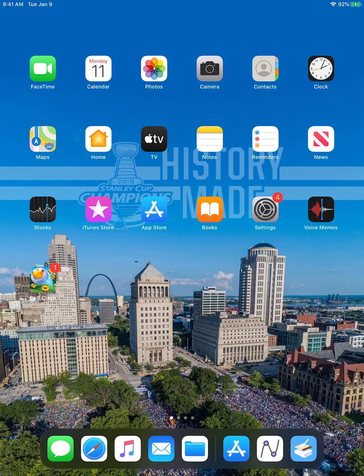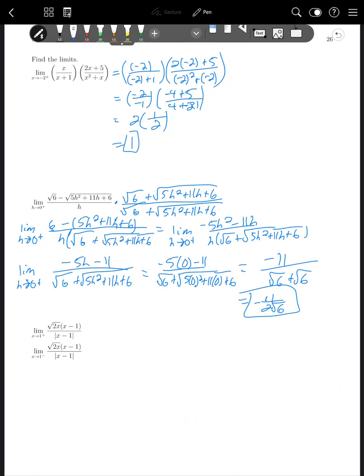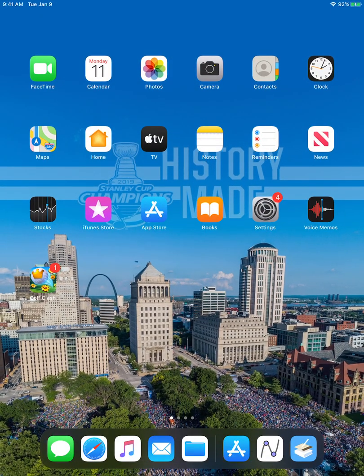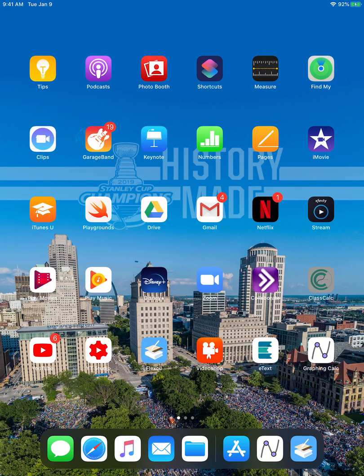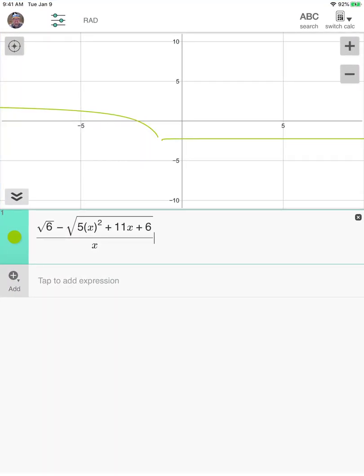So if we try doing this last problem, let's graph that. I'm going to start by trying to use the class calc app. So let's get rid of this.